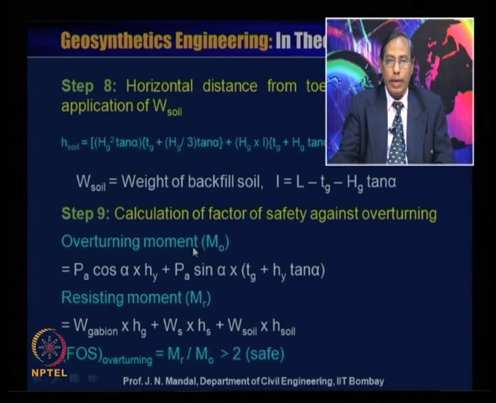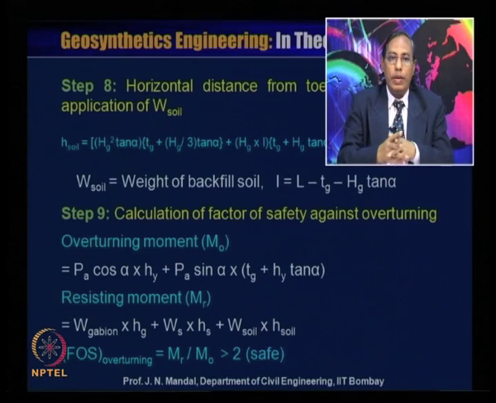Step 9, calculation of factor of safety against overturning. So overturning moment M0 is equal to Pa cos alpha into Hy plus Pa sin alpha into Tg plus Hy tan alpha.